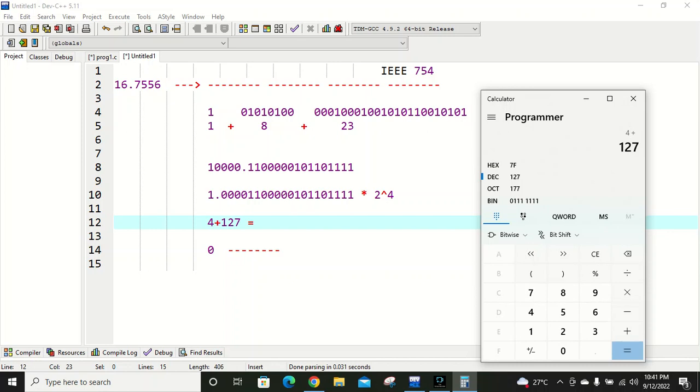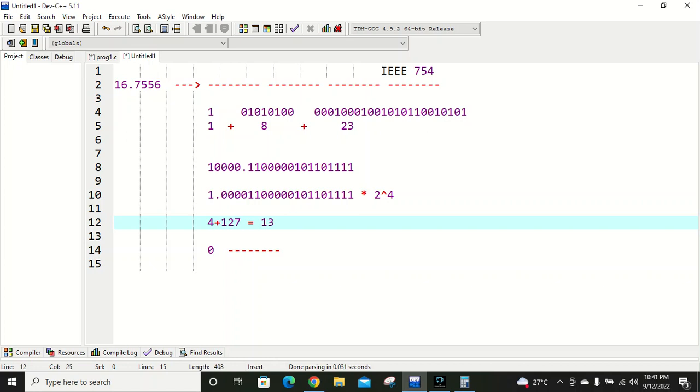So 4 plus 127 is equal to 131. So this value is actually 131.